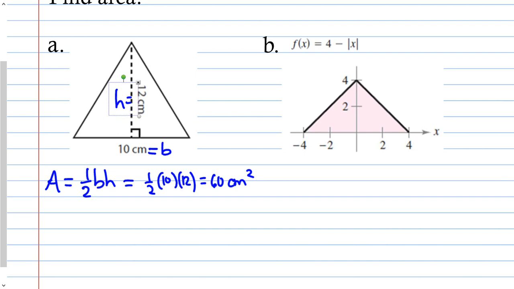Now B is the same exact thing, just that if you look, the graph is being made by an absolute value, right? This is an absolute value, but the negative means that it is upside down, and then the 4 means 4 units up. And then they're focusing on the domain of -4 to +4, right? Those are my x values, my highest and my lowest.